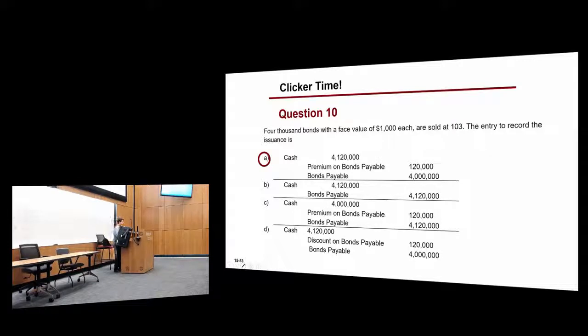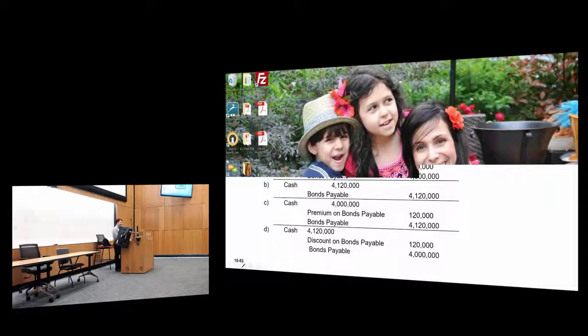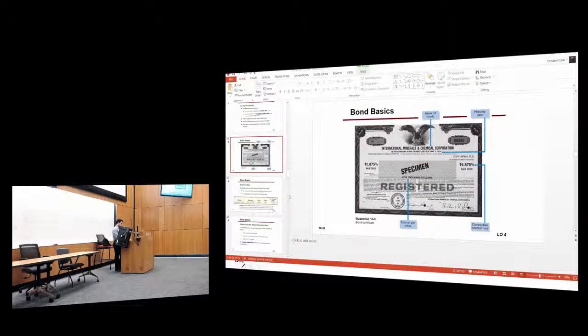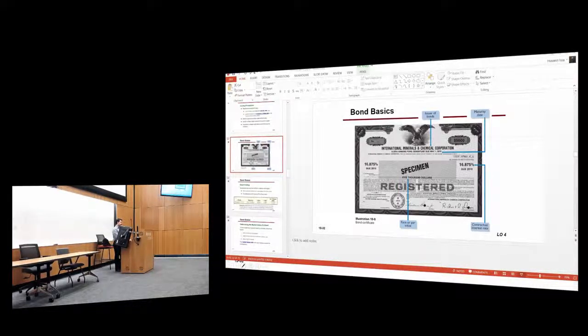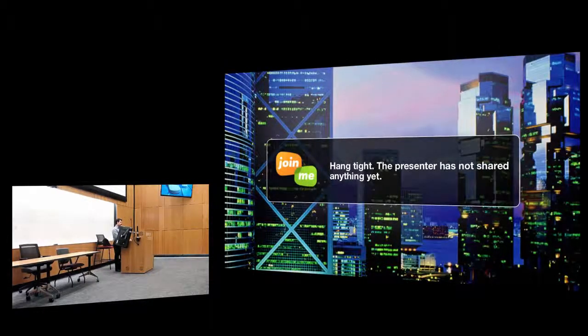If they sell it at less than 100, the company is actually issuing those bonds at a discount.